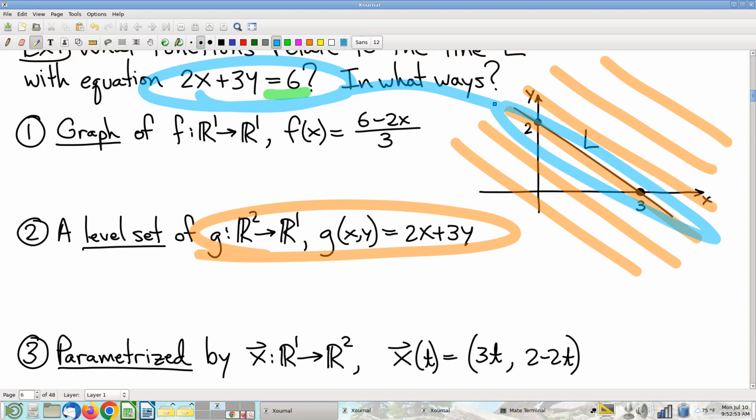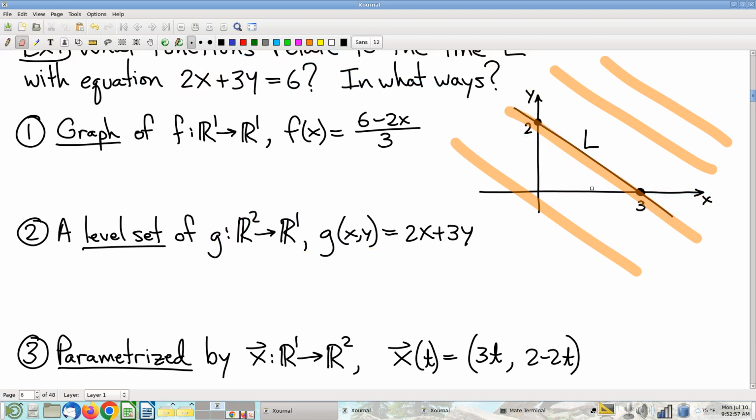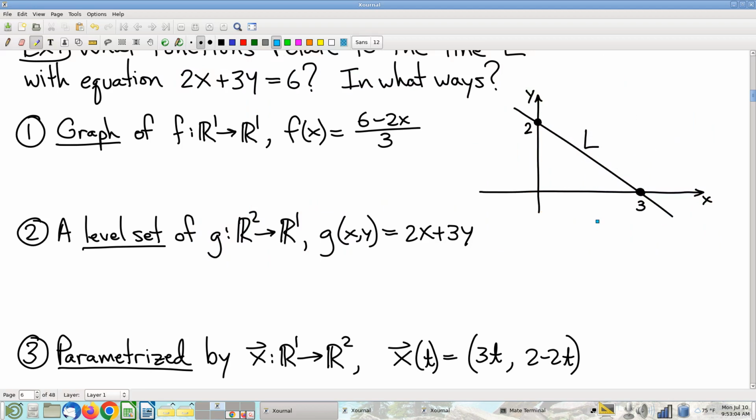For the parameterization, can the 6 go on either the x or y component? Like the 6, does it go with the x or the y component? I'm not sure what 6 you're talking about. Like the 2 minus 2t. You're wondering where this 2 came from? Yeah. So let me just remind you as well. This is any given curve, such as this line right here.